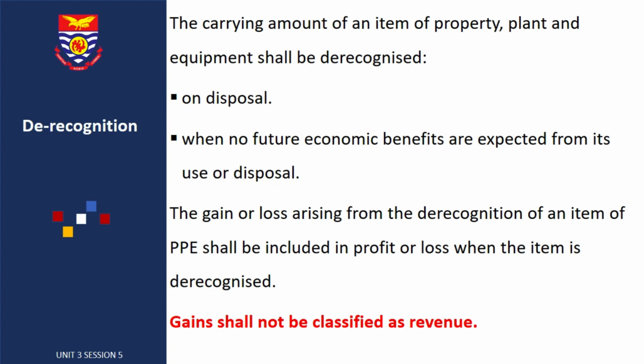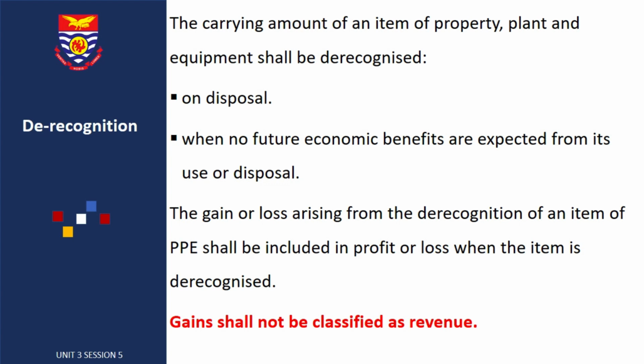Now, the gain or losses arising from the derecognition of an item of PPE shall be included in profit or loss when the item is derecognized. So any gain or loss associated with that derecognition is sent to profit or loss.